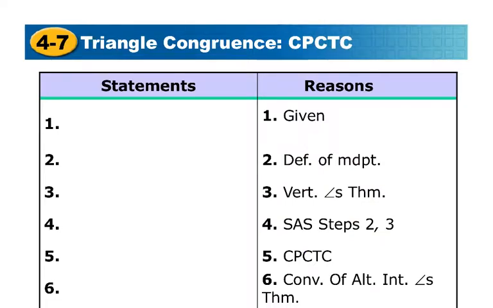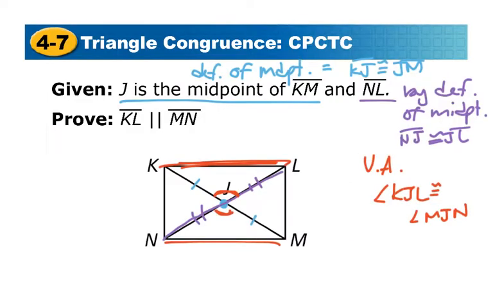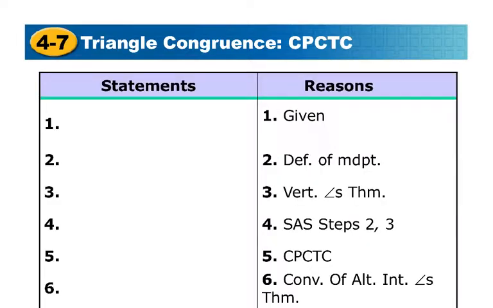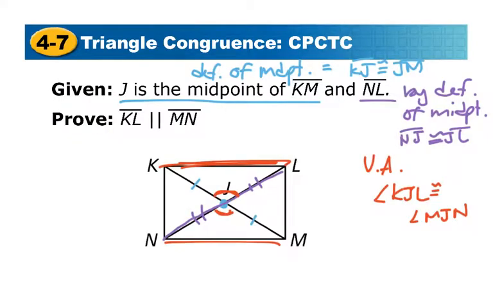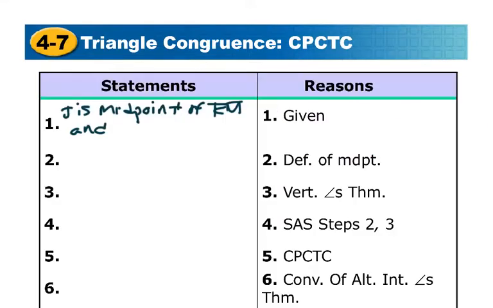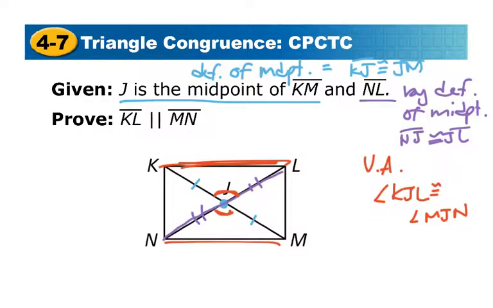Alright, so first thing we're going to write down is the given. So the given is J is the midpoint of KM. What was the other one? KM and NL. Alright, then notice by definition of midpoint, and this is actually going to be two things, so we're going to write both of these pieces, that KJ and JM are congruent as well as the other set.